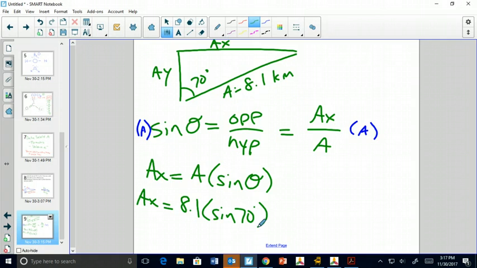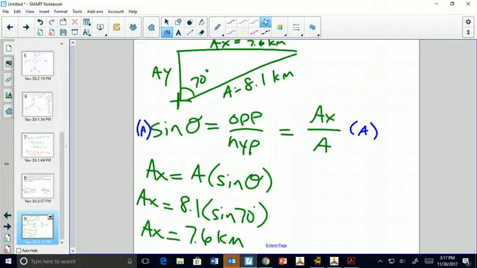If I pop that into my calculator, the sine of 70 is 0.93969. I multiply that by 8.1, and so therefore AX is equal to 7.6 kilometers. So what we're saying is that this distance is 7.6 kilometers. That's how far, in this case, is east, because remember, here's our north, south, east, west guy. We are going east 7.6 kilometers.